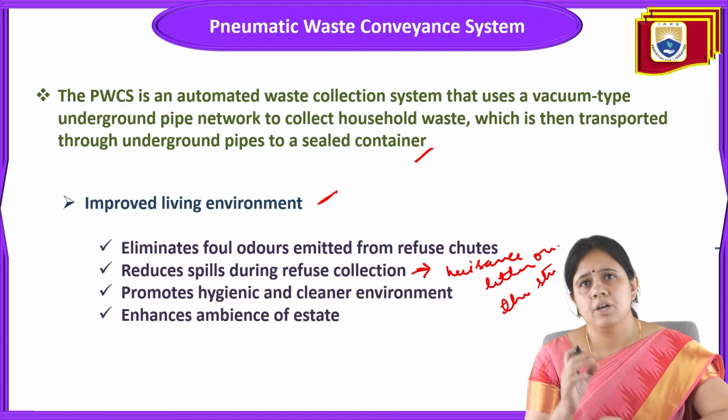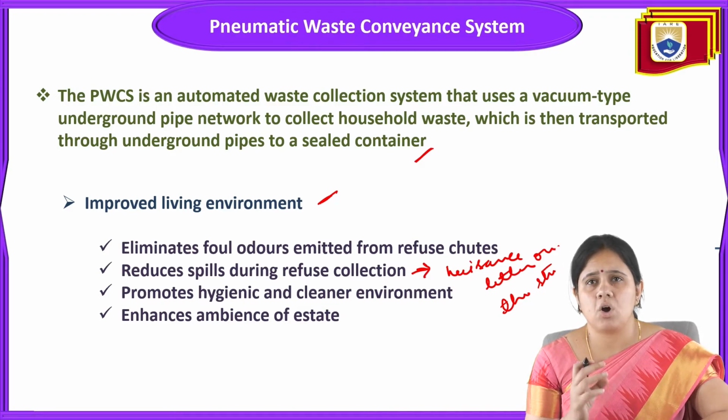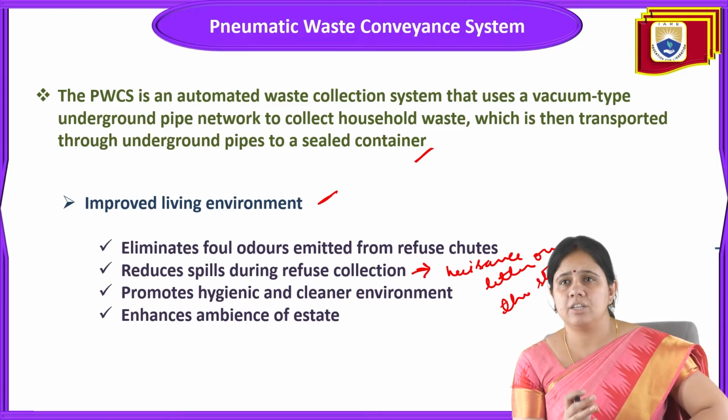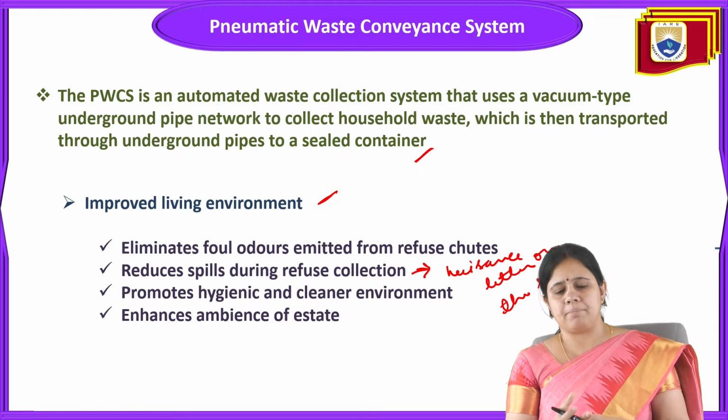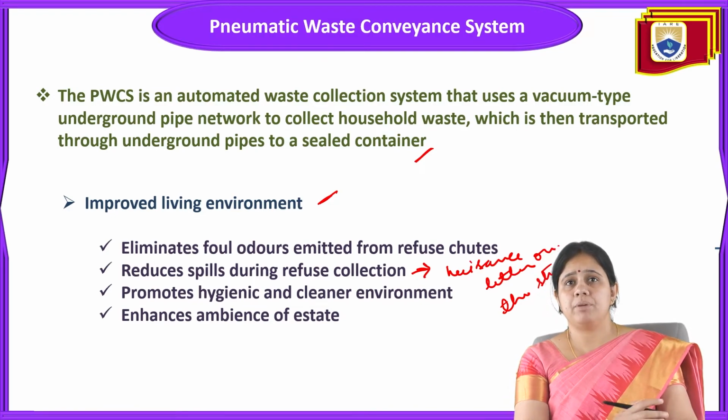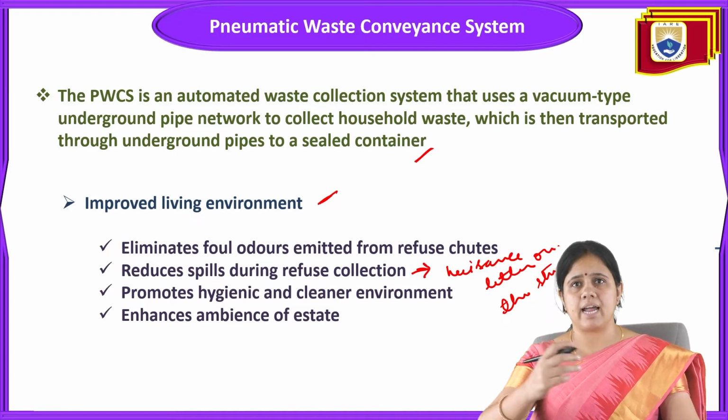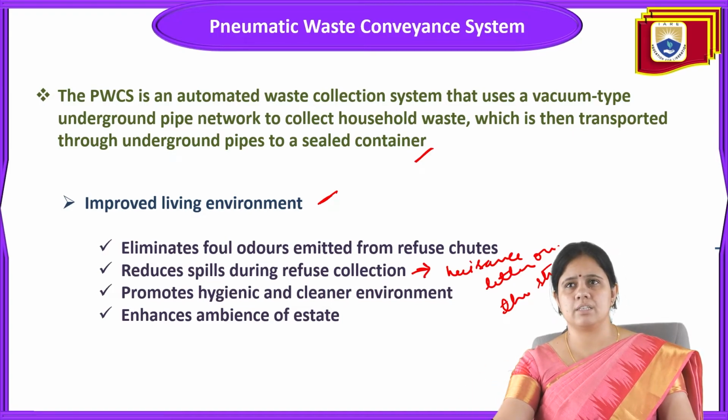So this pneumatic waste conveyance system is an automated waste collection system that uses a vacuum type of underground pipe network. You can see that this network is collecting the household waste. Then this waste is transported through underground pipes to a sealed container.